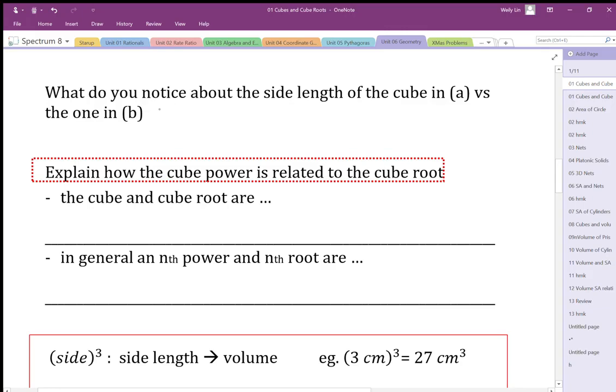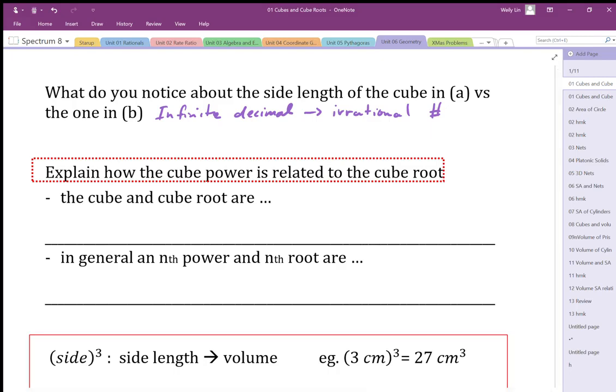It is an infinite decimal, which is what we call an irrational number, a number that can't be put into a fraction. Okay. So this is a big idea here.